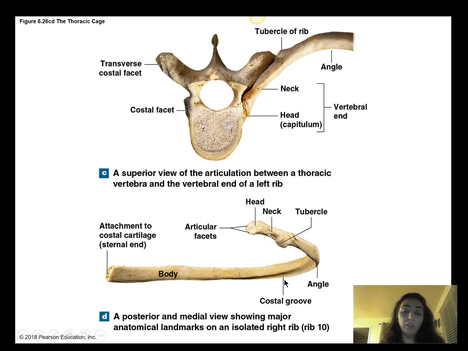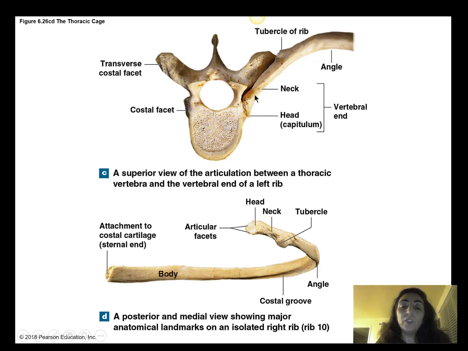And the other end, going toward the sternum, is the sternal end, right? It's going to attach to a costal cartilage or just be free. But pay attention that the pair of 11 and 12 do not have much of a curve like this.